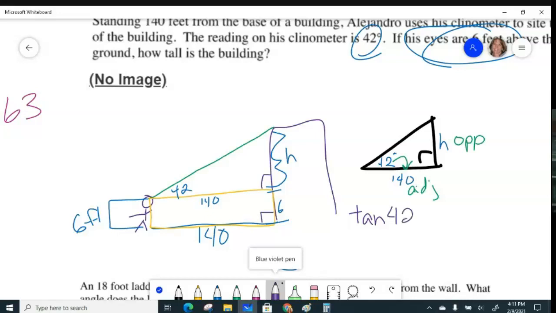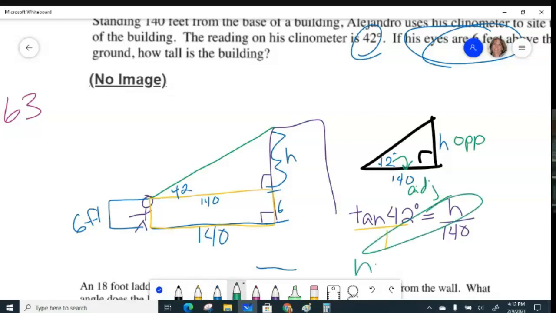Tangent of 42 degrees equals the opposite side over the adjacent side, which is 140. Set it over 1 and cross multiply. So h equals 140 times the tangent of 42. So you had one of these ladder questions.